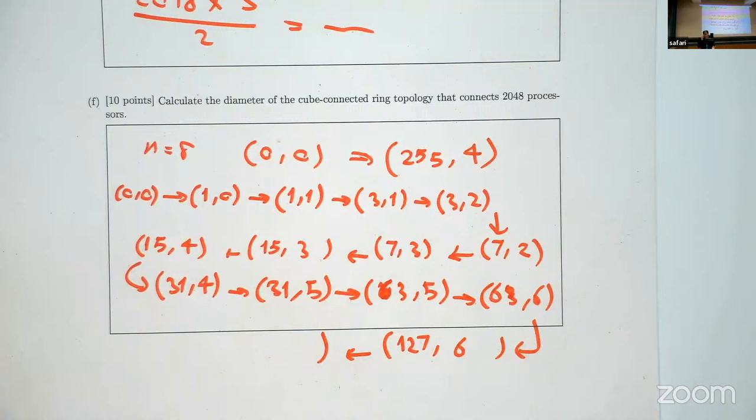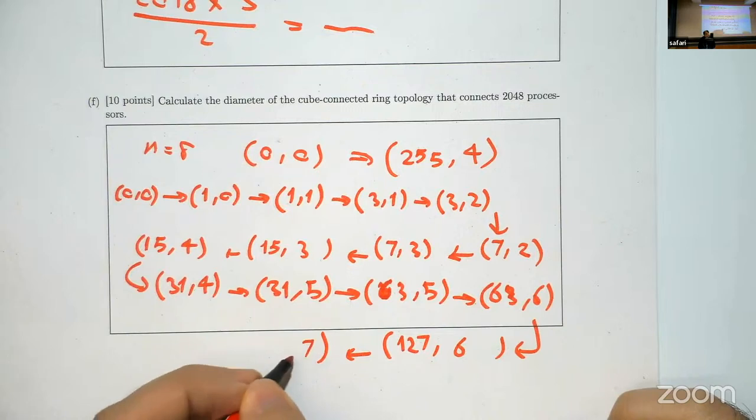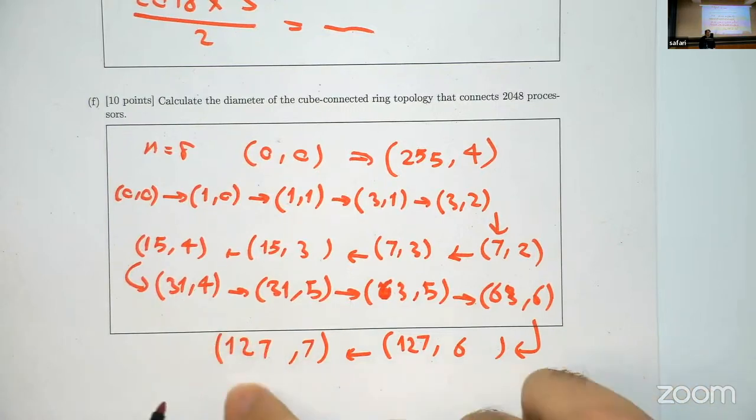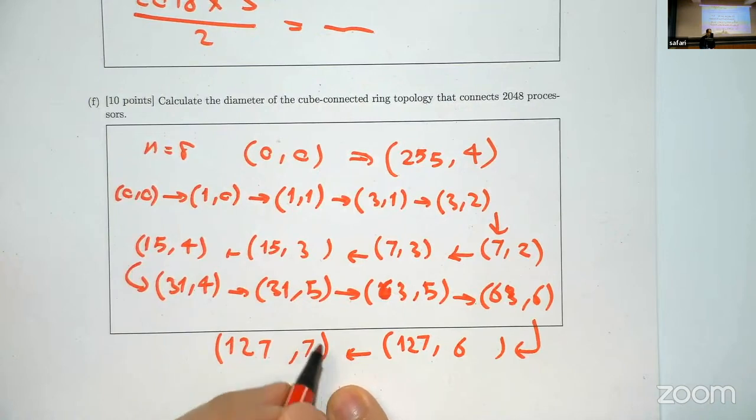Or do we? I think it's going to be similar, but yeah, exactly. We need one more, otherwise we couldn't go to 255. So we need these 7 actually here. Make sure that we go to 255.